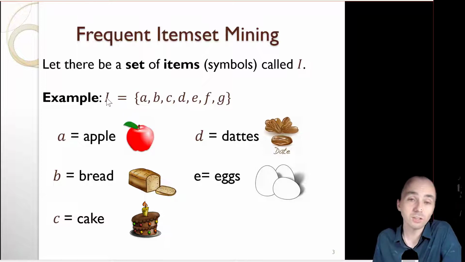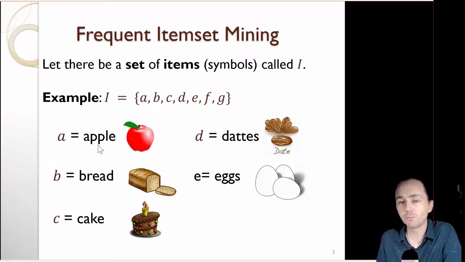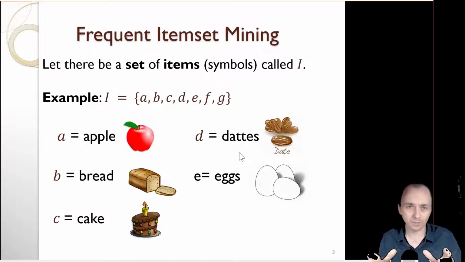But we have a set of items we call I, and there will be some items like A, B, C, D, E, F, G. These are the values that we can find in our data. So in my example, it is about shopping. So A means apple, B for bread, C for cake, D for dates, E for eggs, and so on. Okay. So we have some items.